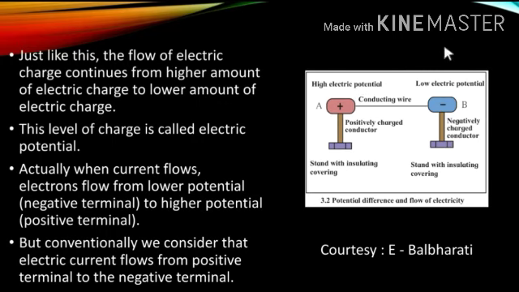Now these electrons will be conducted through this conducting wire towards point A, that is towards high electric potential. That means electrons flow from lower potential to higher potential, from the negative terminal to the positive terminal. But conventionally we consider that electric current flows from the positive terminal to the negative terminal.